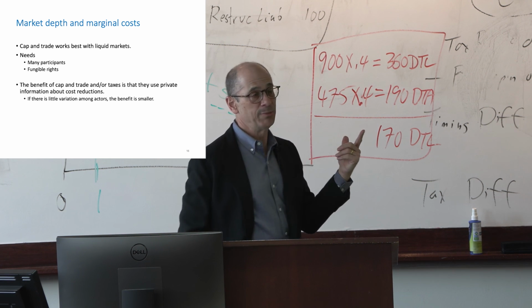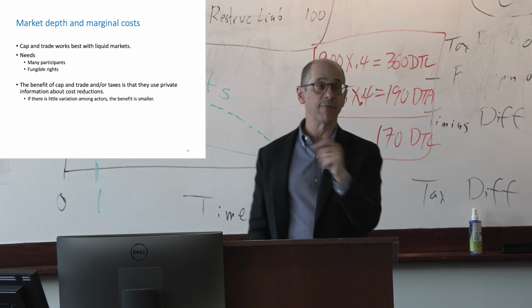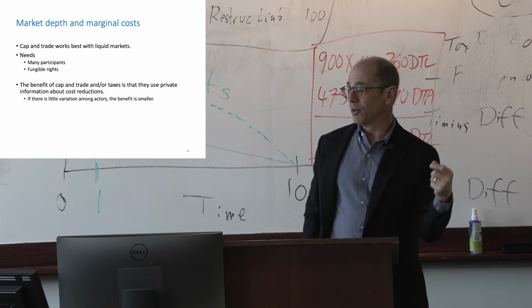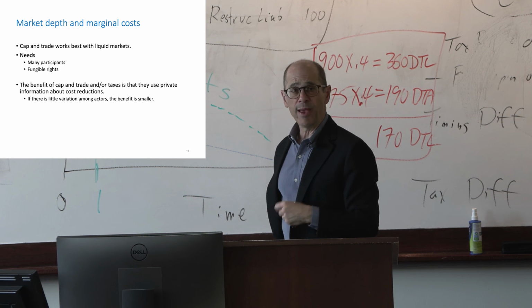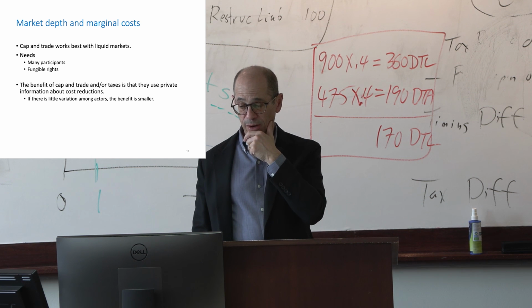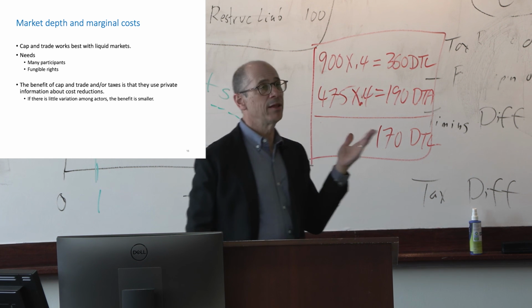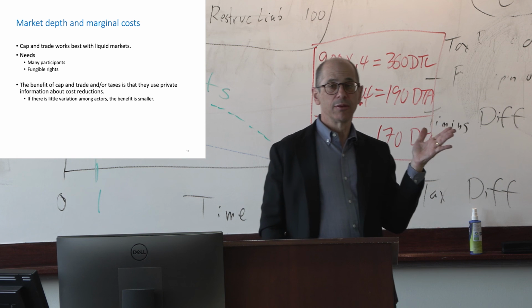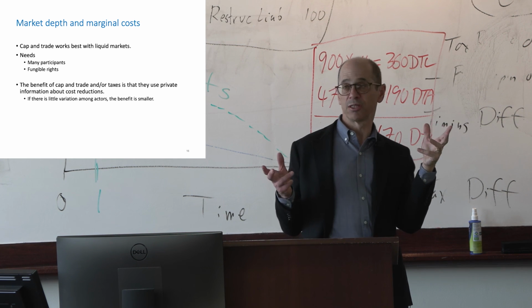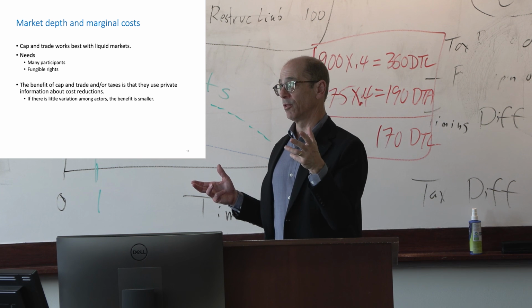So for some of them, you may even need government approval for every trade, rather than just having an exchange or something like that. And once you're in that kind of world, you may not believe that cap and trade is doing a very good system because the markets aren't deep enough. And finally, the example I started with, the benefits were generated in that example because the marginal cost of reducing pollution was different for the two polluters.